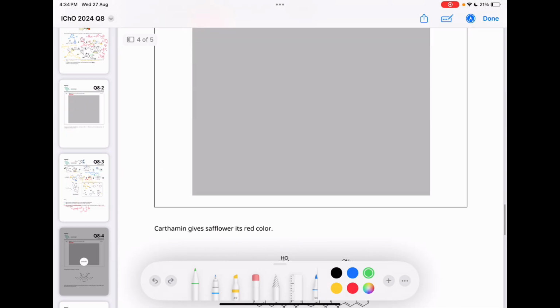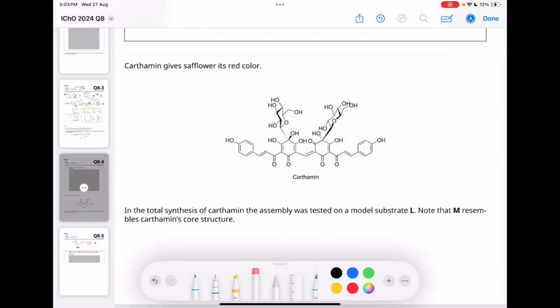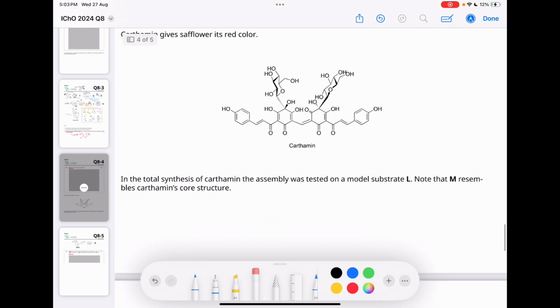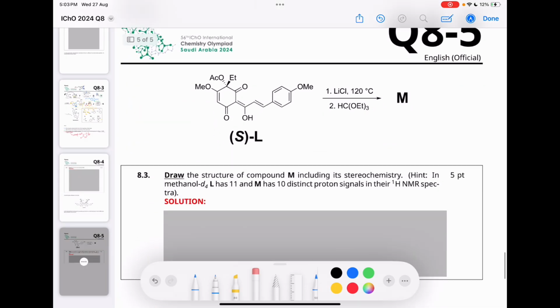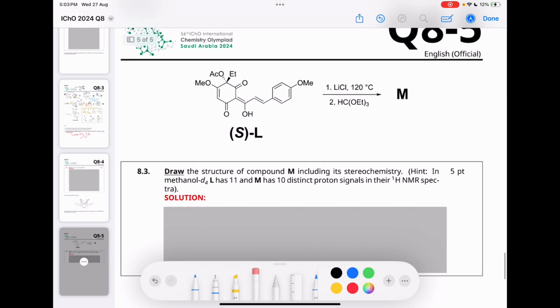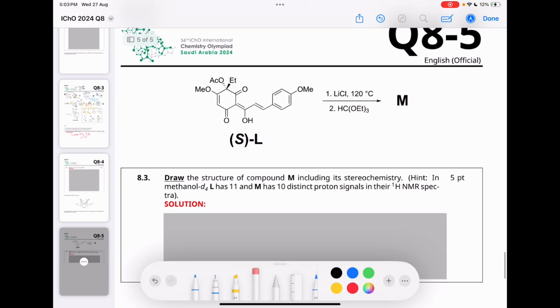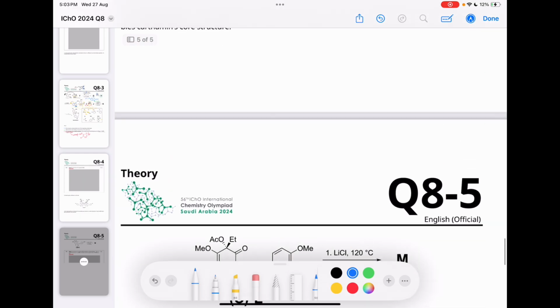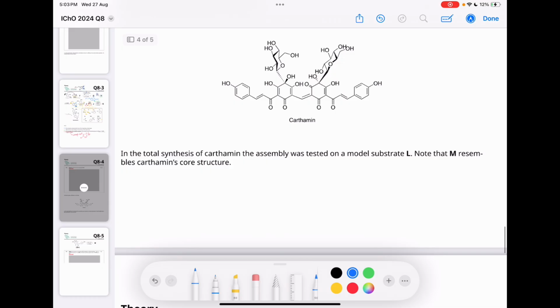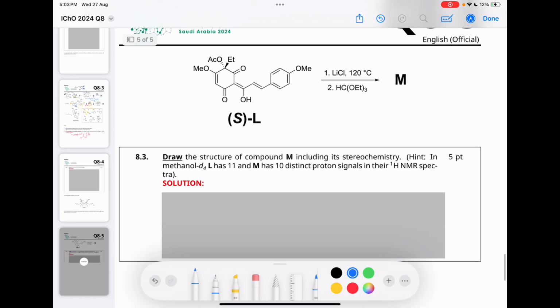Okay, so we're done with 8.2 as well. Let's continue with part 8.3. For part 8.3, we are going to elucidate the structure of compound M. There are several pieces of information that we know about M. First, M resembles this, the core structure of this. Second, M resembles L because it comes from L. Third, M has 10 distinct proton signals while L has 11.